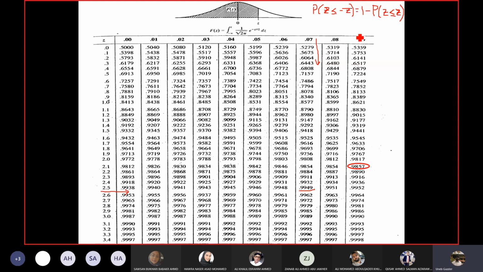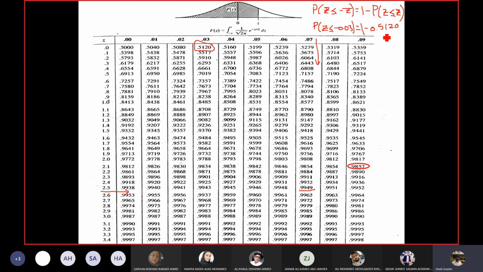So, for example, the first negative number in the table is minus 0.03. You find out the probability of plus 0.03, which is 0.5120. So the probability of minus 0.03 will be 1 minus 0.5120.